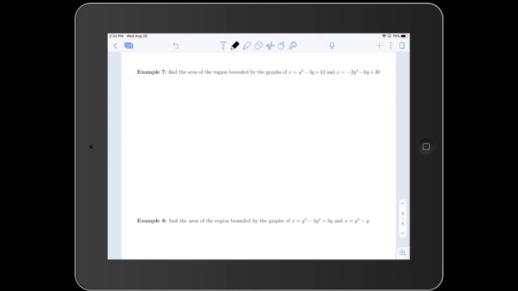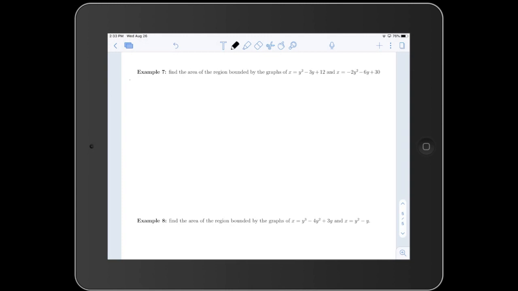Work it out, and if you come up with an answer, let me know what you get, and then we'll compare the answers. Why don't we just all pick example 7, so we're all working on the same part. Example 8 is a little bit more involved. So let's do 7.